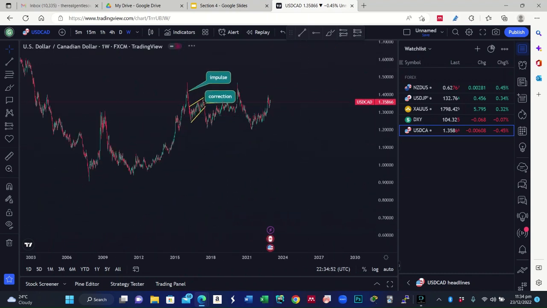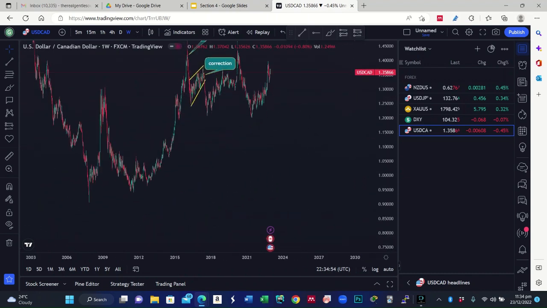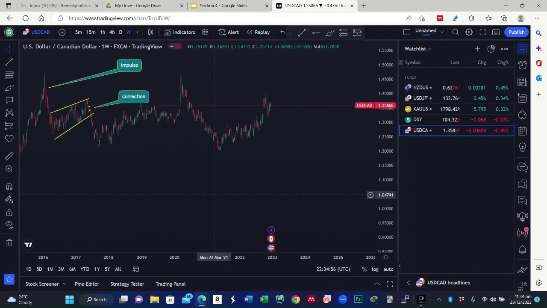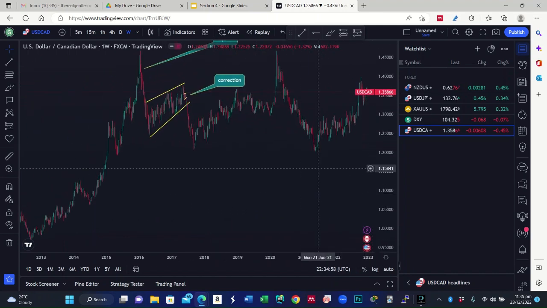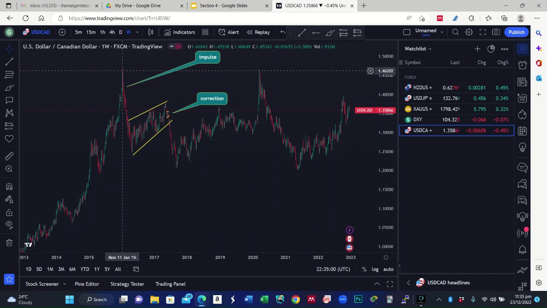If you look at this pair also, this is USD CAD. You can see the market here. This is a very large impulse, then a big correction, then another impulse, then this is another correction. Let me show you.